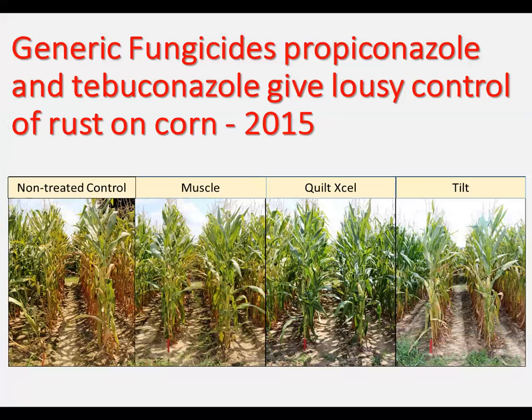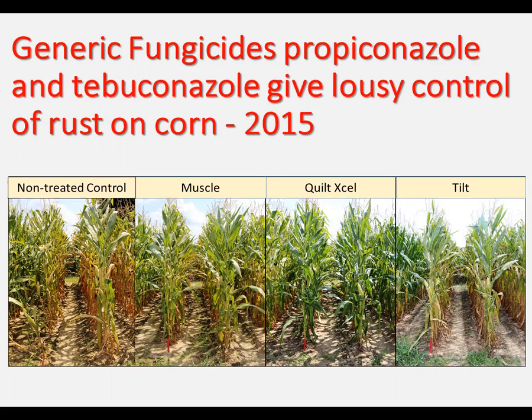This is just an image from 2015 showing the differences in the appearance of the plants, and you can see the control is basically blighted. The plants are burning up from the bottom. You can see the rust damage in the Tilt treated corn, and then the Quilt XL corn is bright green.